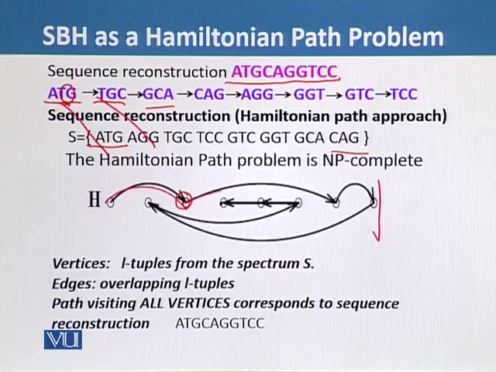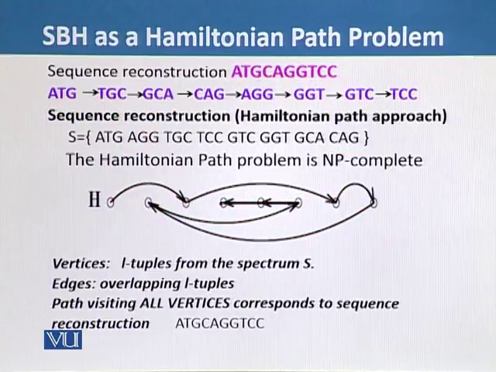So this is the path it can follow, and this is the l-tuple from the spectrum S, and it has the edges that are overlapping with the l-tuples. So all the vertices correspond to the sequence reconstruction, and we will get the sequence.